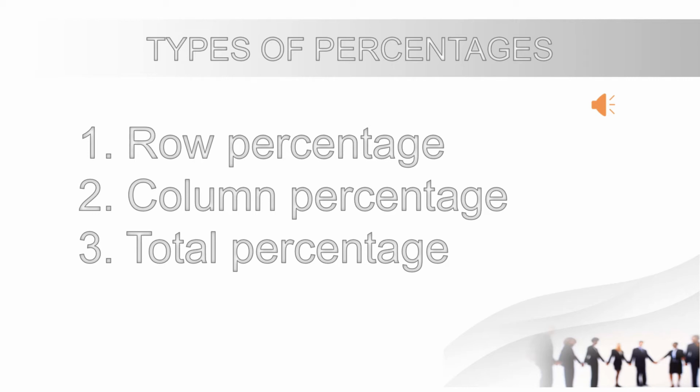When you interpret this, for example, for strongly favorable, from the left side to the right side, the total here is 16.